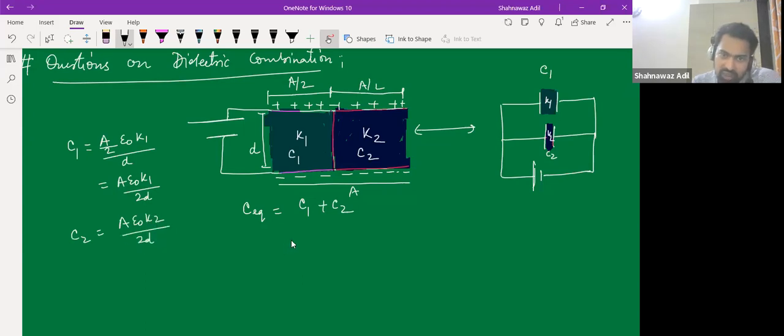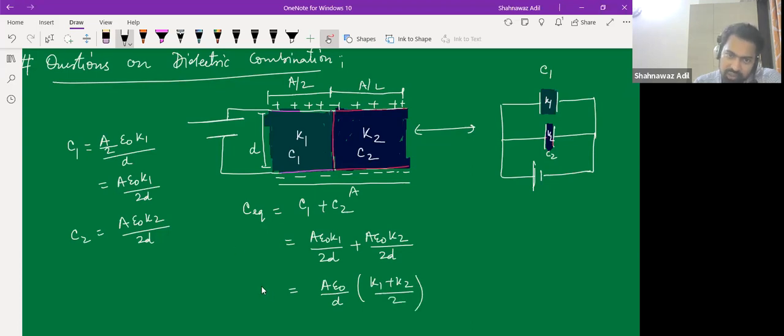So if we calculate C1 plus C2, we can take A epsilon naught by 2D common. So this would be K1 plus K2, and this would be C equivalent, right?